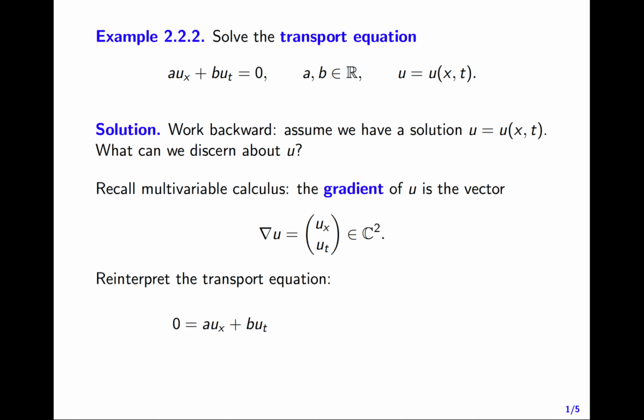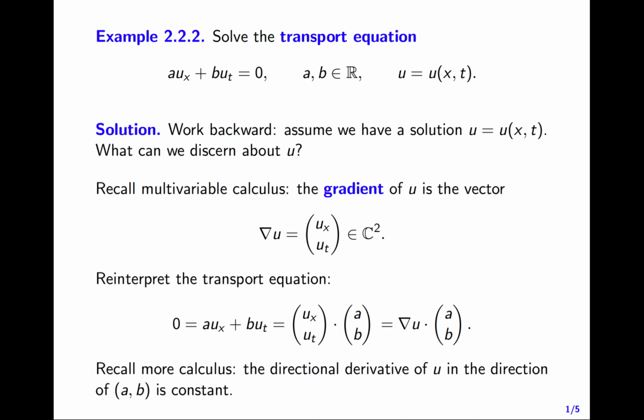If we look at that sum of those two products for a moment, we'll recognize that as the vector ux, ut, dot producted with the vector ab. In other words, the gradient of u, take the dot product of that with ab, you have to have 0.